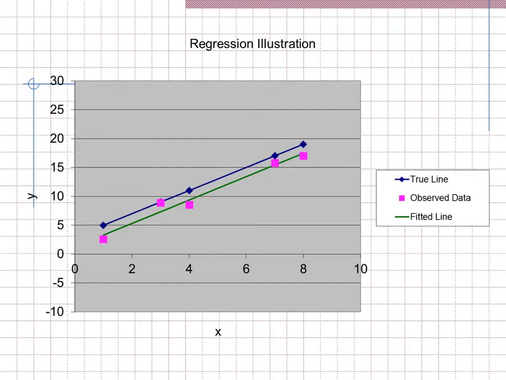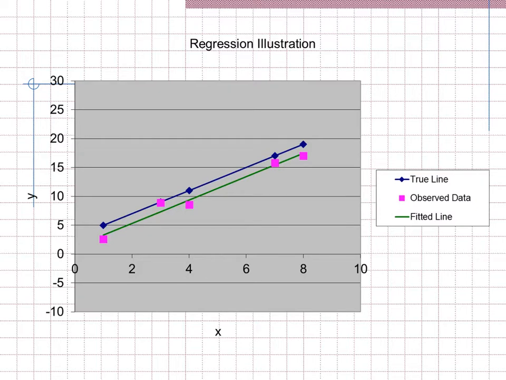Now, when we actually do an estimate, we don't observe the blue diamonds. What we observe instead are the magenta squares. And the magenta squares have the residuals included, and it is the residuals that make them different, to create some vertical displacement between them and the blue diamonds.